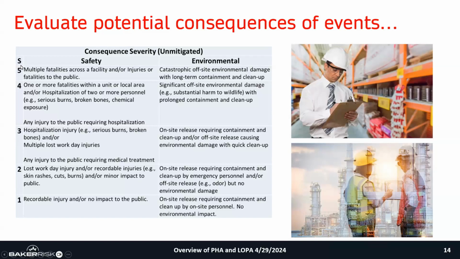And severity or consequence in this example is categorized with a numerical designation of severity 1 through severity 5. Severity 1 being the least severe and severity 5 being the most severe. So in this example, this company is using both an assessment of safety impact and environmental.